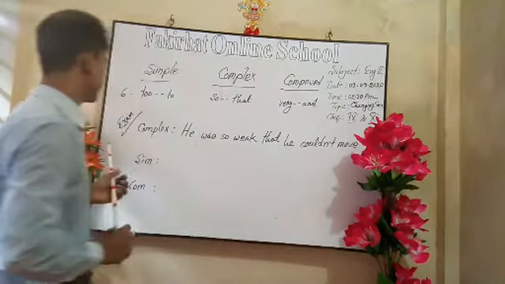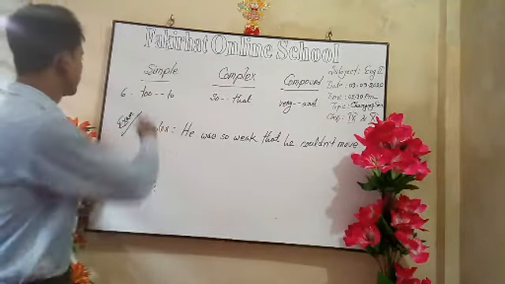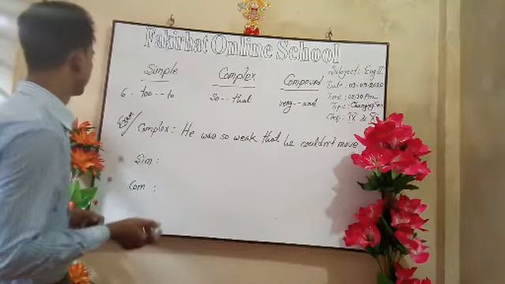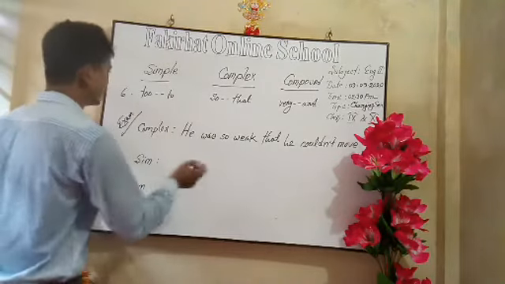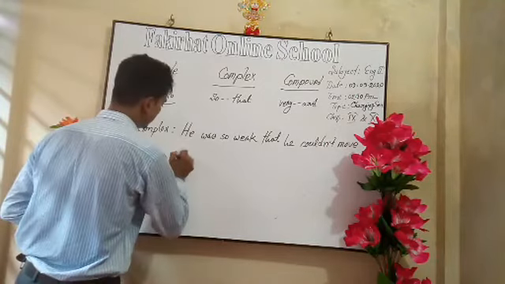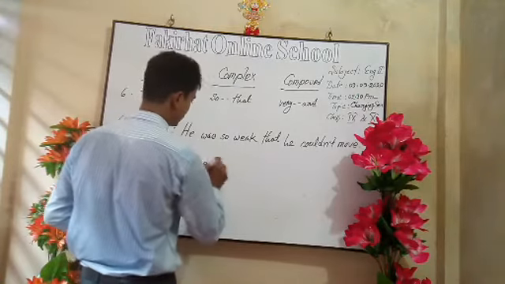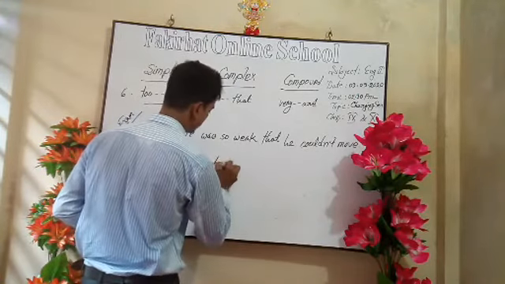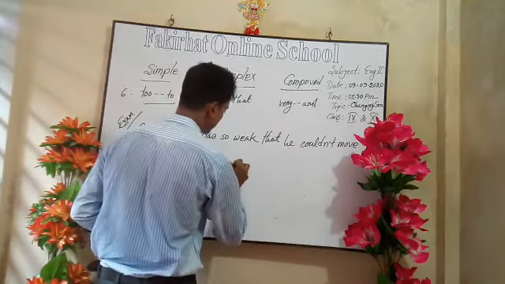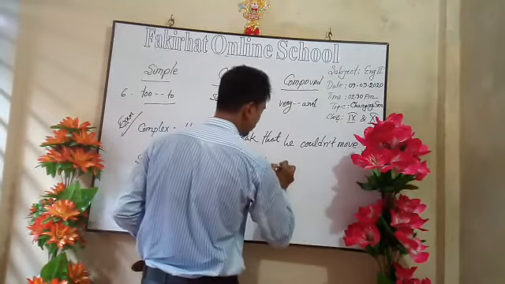This is a complex sentence. Now we have to change it into a simple sentence form. We have to use too...to. He was too weak to move.